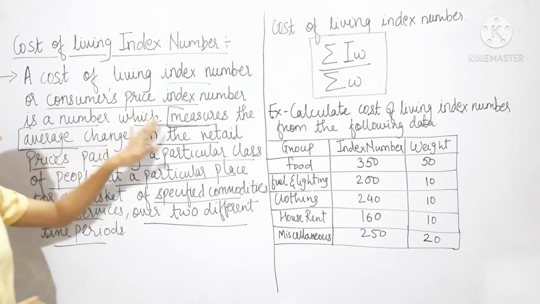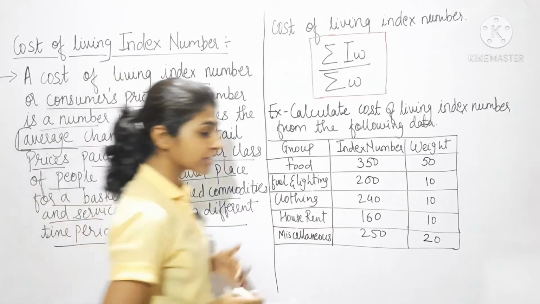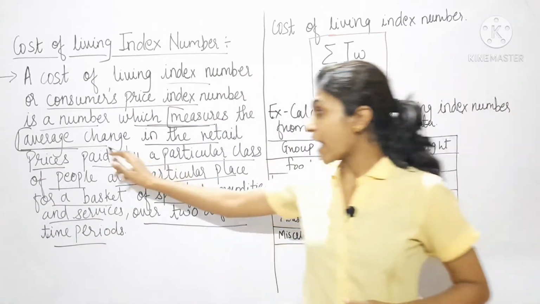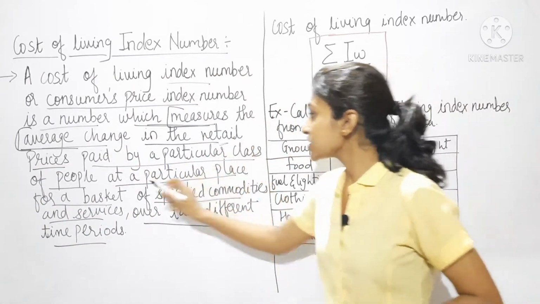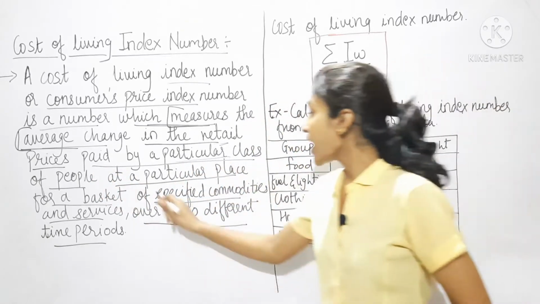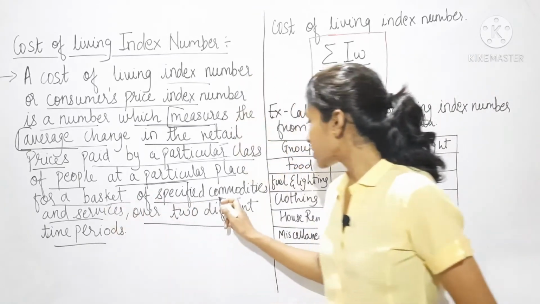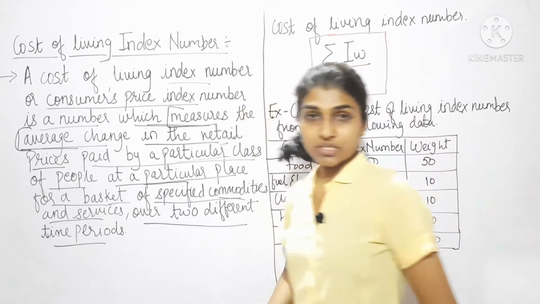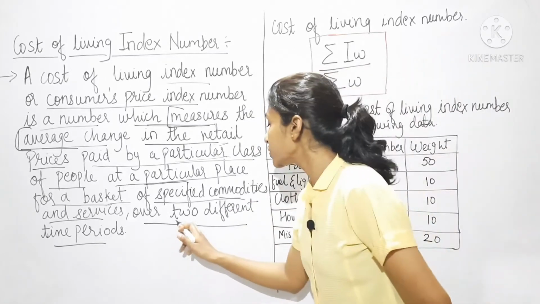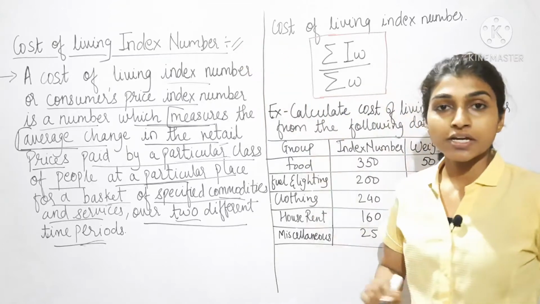So it is an index number, a number which measures the average change in the retail price paid by a particular class of people at a particular place for a basket of commodities and services over two different time periods. That is the cost of living index number.